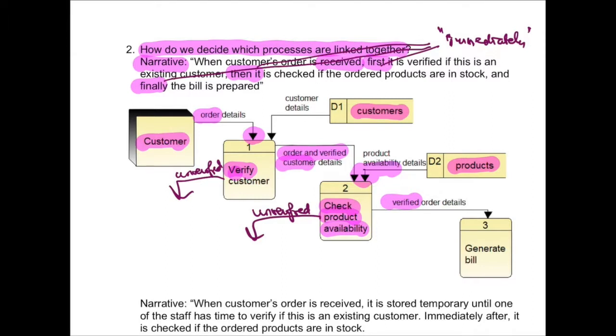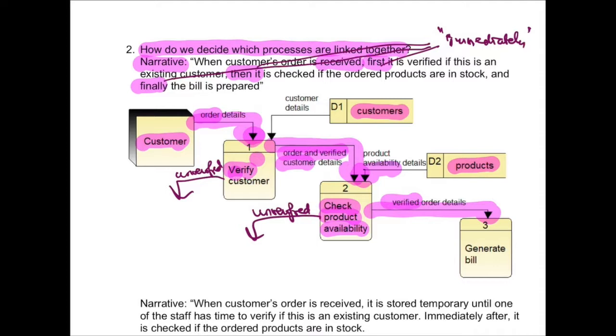What is important here is that the data flow coming from the customer goes to a process which immediately triggers another process, and when the second one ends, it immediately triggers the third one. So these are linked because of the wording used.